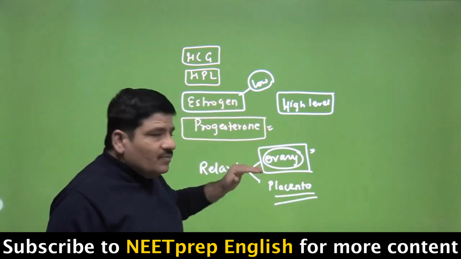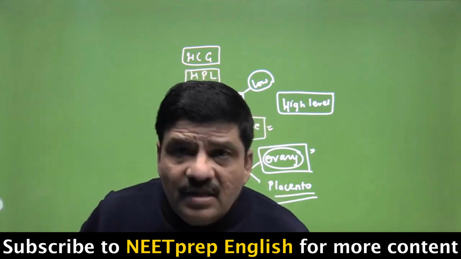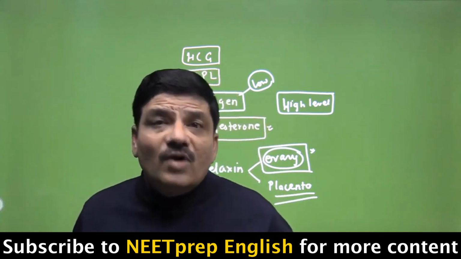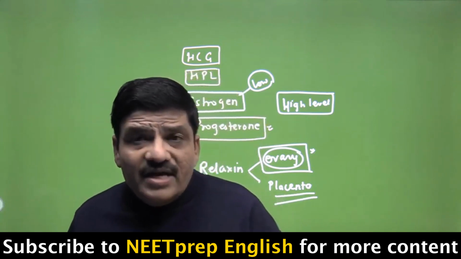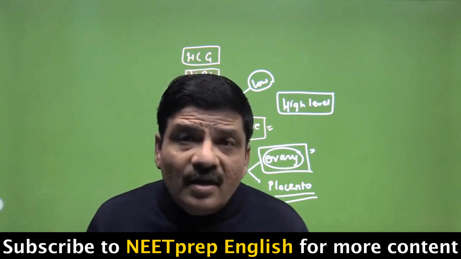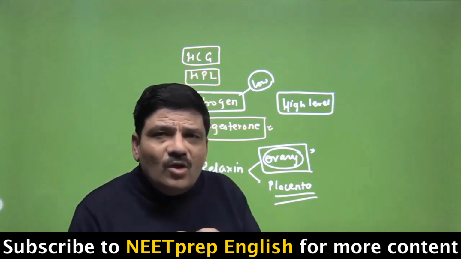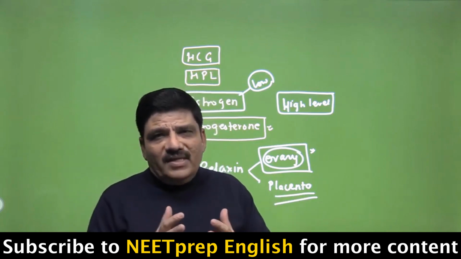Again, relaxin has metabolic effects. It also affects the cardiovascular system, especially. It leads to the production of nitric oxide, which is a vasodilator. But at your level, what you must understand is that this also leads to a relaxation of the pubic ligaments.